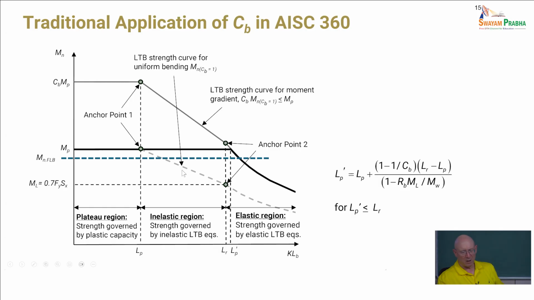And what we can see is that this approach, where again you're using an elastic C sub B factor and just scaling it up and essentially ignoring any extra plasticity you get, except you cap it off at M sub P, is working fairly well for rolled sections up to a point.